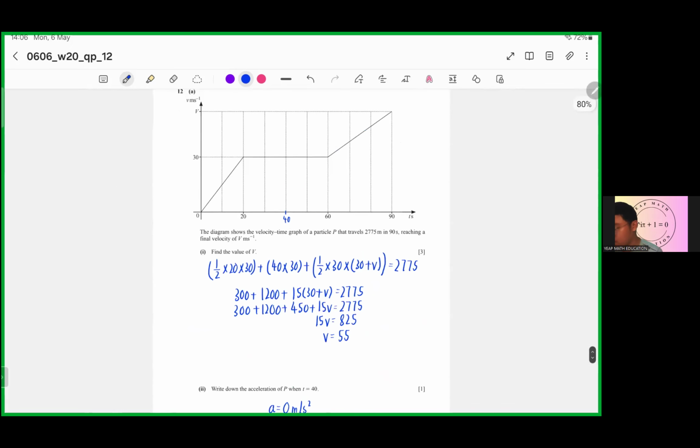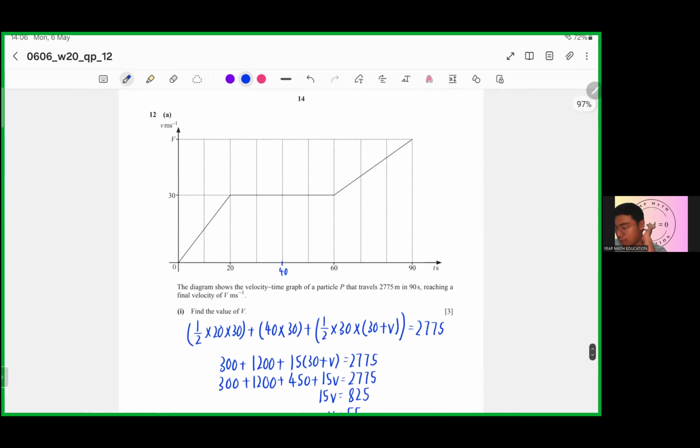Why is it 0? Because you can see this part shows constant velocity. It means from t equals 20 until t equals 65, the velocity does not change. It's like you drive your car, keeping at 110 kilometers per hour.